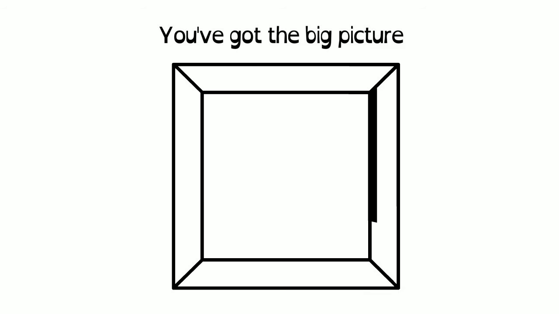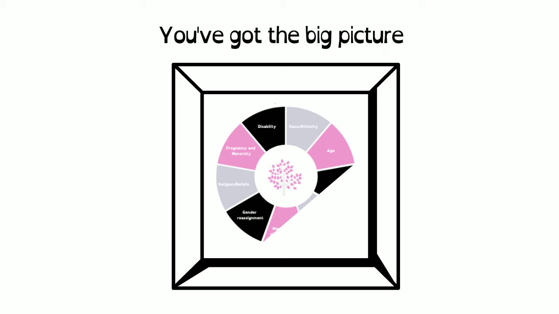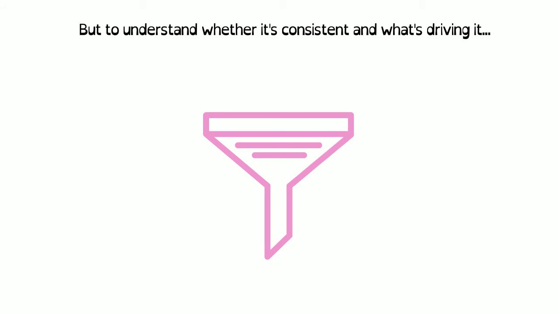Okay, let's start with what we mean by cross-referencing. So you've now collected your internal diversity data, and you'll have an overall picture of the diversity of your volunteers and employees. But you'll want to know whether that picture is consistent across all levels and departments or divisions, and then what's driving that diversity.